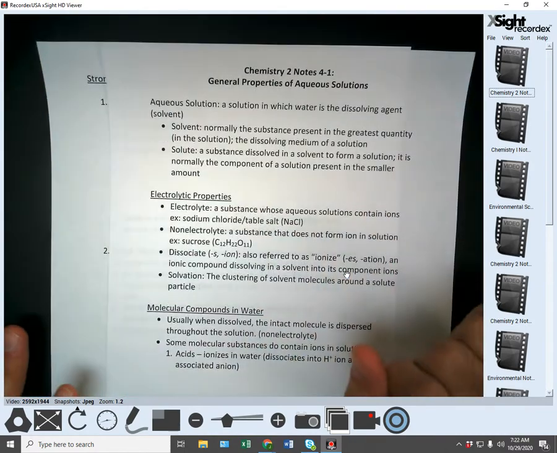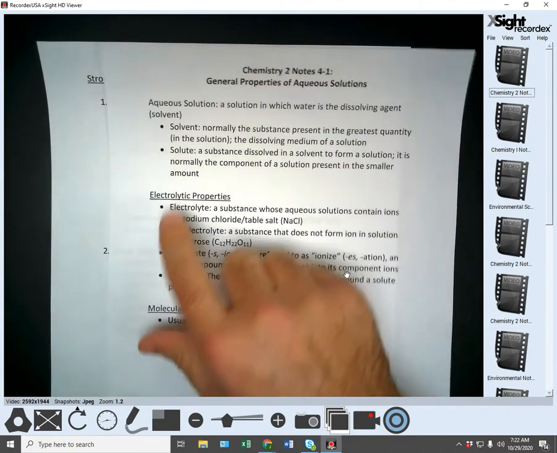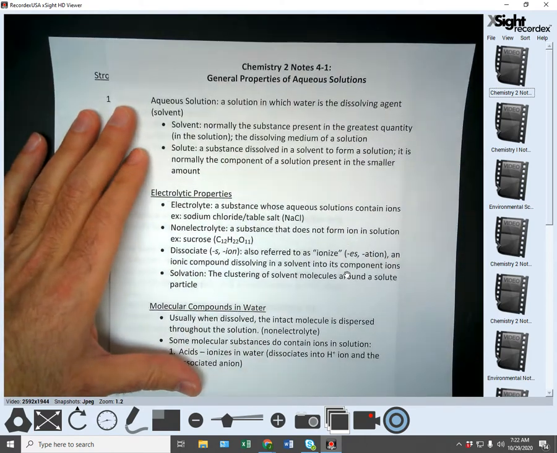So today's lecture is going to be from the notes for 4.1, General Properties of Aqueous Solutions. This chapter is all about creating solutions, where you take what's called a solute, which is a substance being dissolved in a solvent to form a solution.